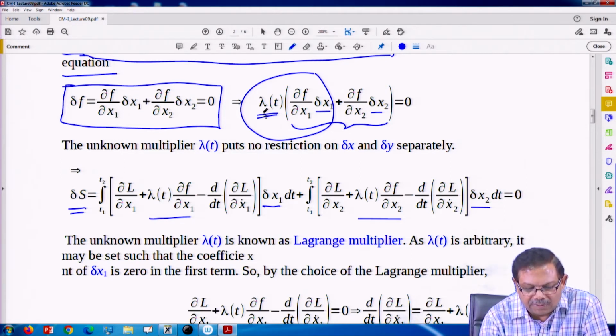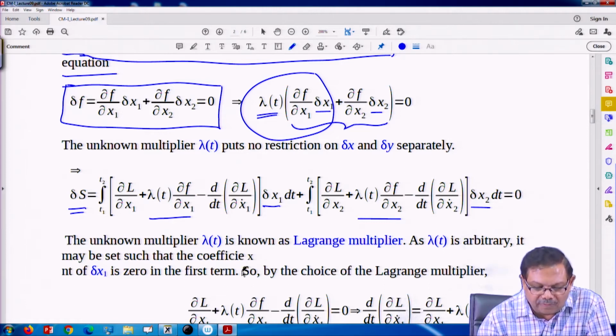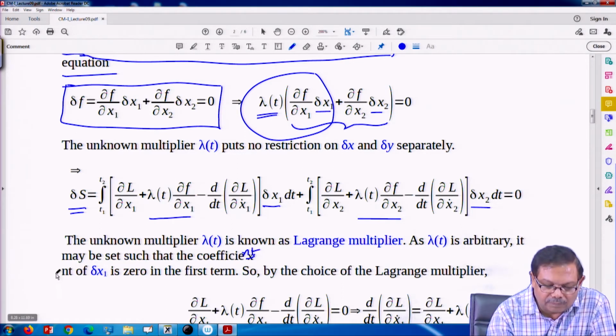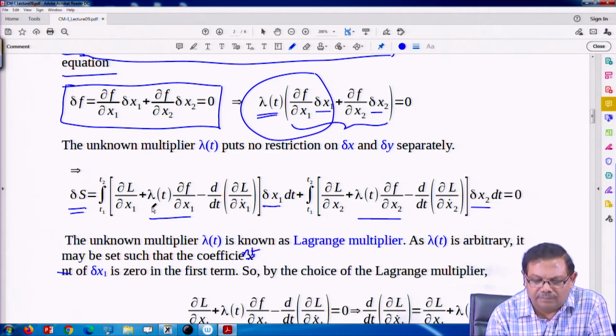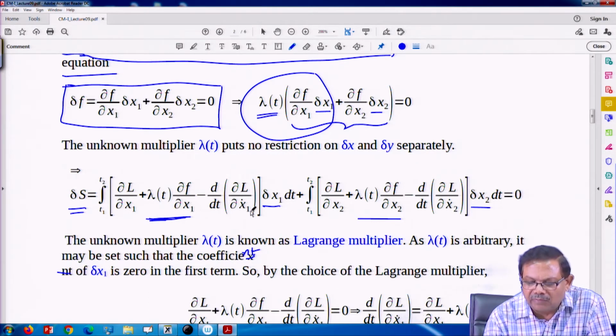The value of this parameter can be chosen arbitrarily. It may be set such that the coefficient of delta x 1 is 0. Now, this is one arbitrary parameter, so I can set its value such that this whole thing is 0.